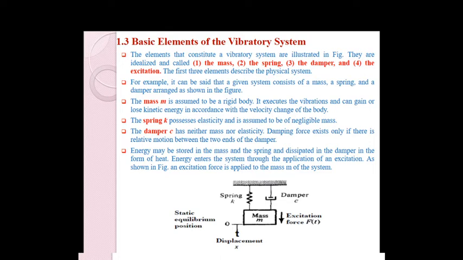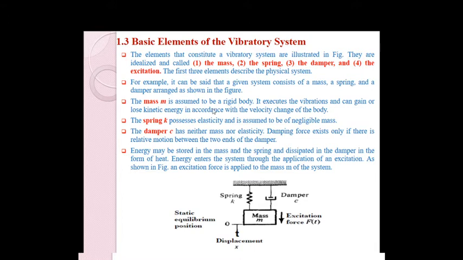In that video we have seen that energy transformation or transition is the vibration. So, what is the function of the mass? The mass m is assumed to be a rigid body. First of all, we should understand rigid body. Rigid body means there is no elasticity in it, and whatever force you apply will be converted into displacement only.